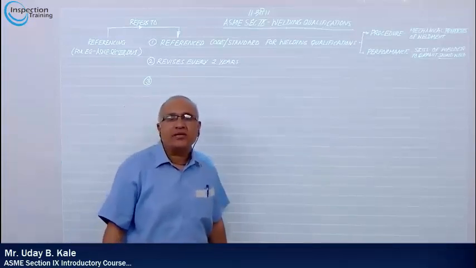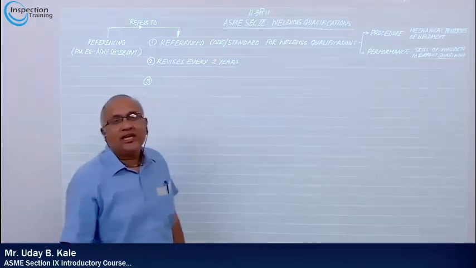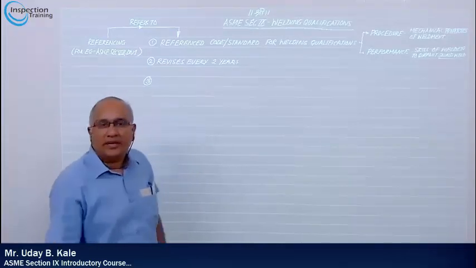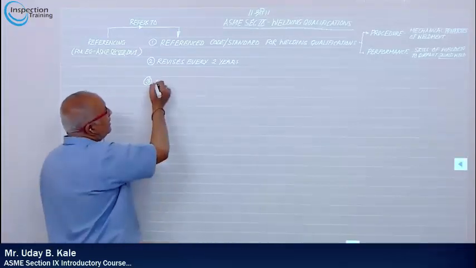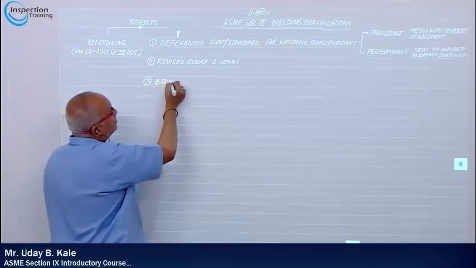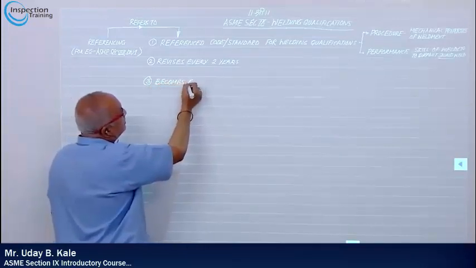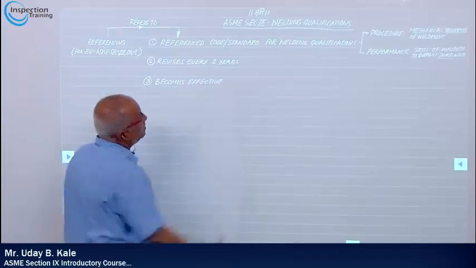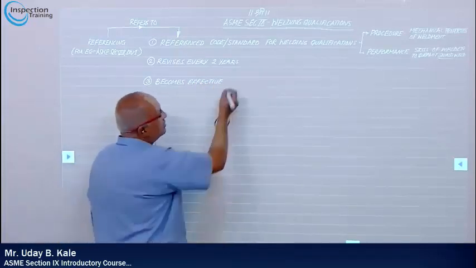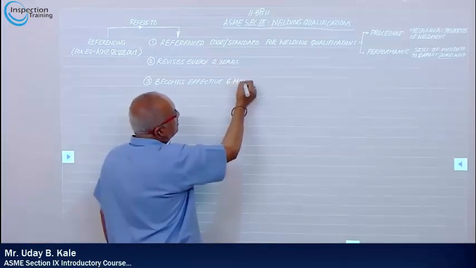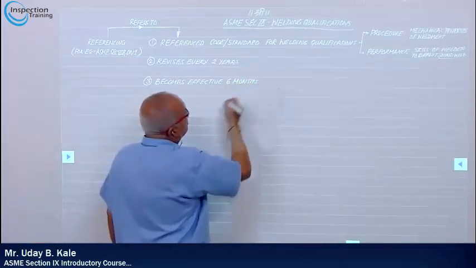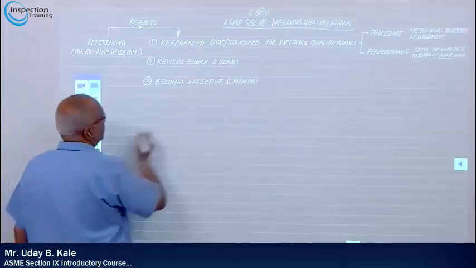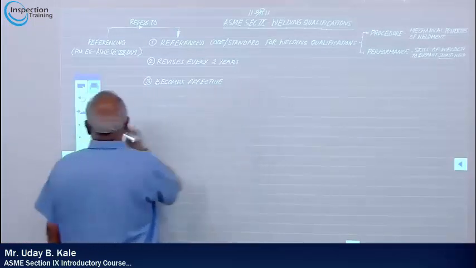Generally, for all ASME and other codes or standards, effectivity is 6 months after the date of publication. When I say effective, I would say mandatory.